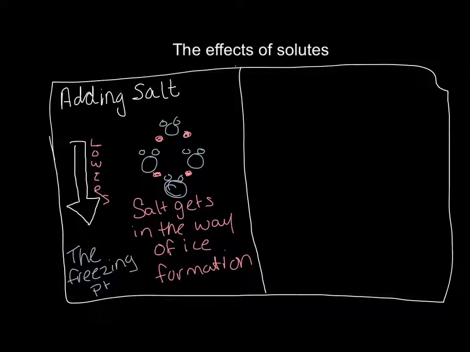We also add salt to raise the boiling point of water. Now remember, the freezing point of water is 0 degrees Celsius, and this is going to make it less than 0 degrees. So it has to be less than 0 degrees in order for the ice formation to happen.